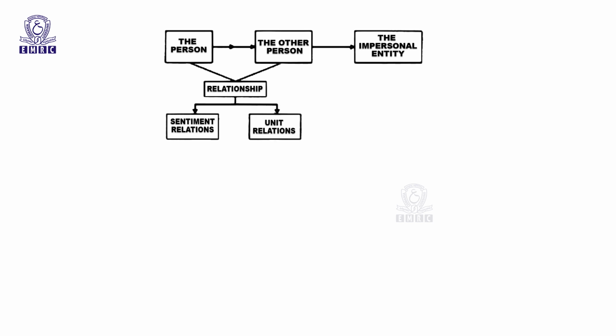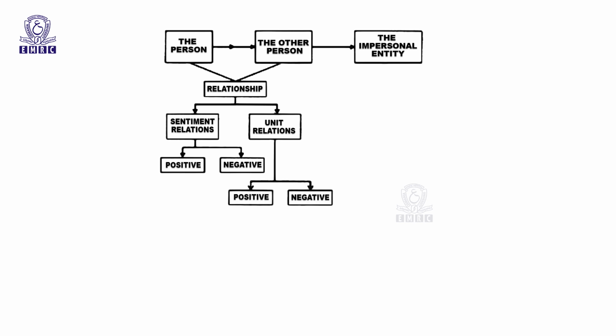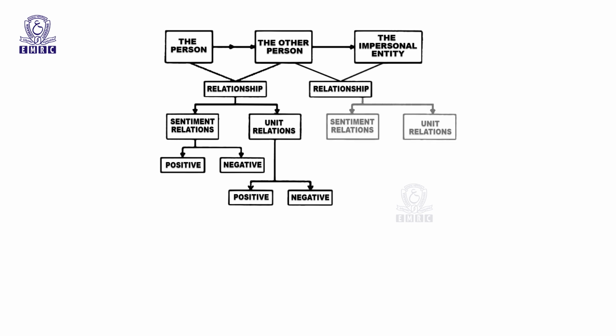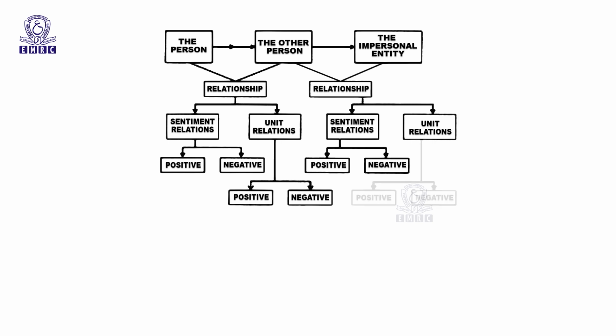When it is a sentiment relation, it can be positive or negative, and when it is a unit relation, again it can be positive or negative. Similarly, there can also be a relationship between the other person and the impersonal entity. Again, this relationship can be a sentiment relation or unit relation, and sentiment relation can be positive or negative, and unit relation can be positive or negative.